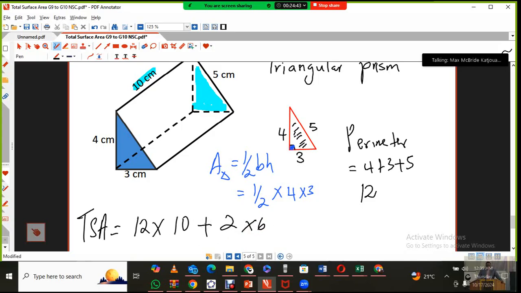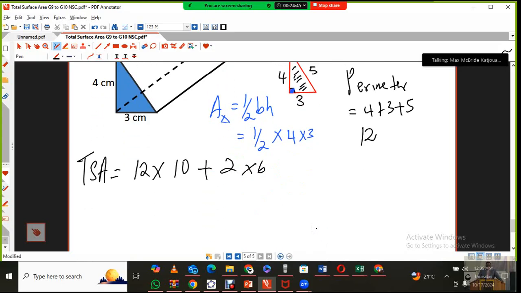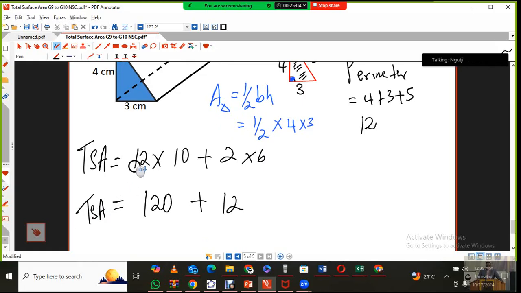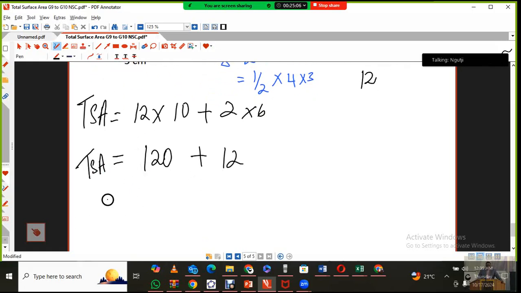So let us finish that now. The total surface area is going to be 120 plus 2 times 6, which is 12. And when you add them together, it is 132.